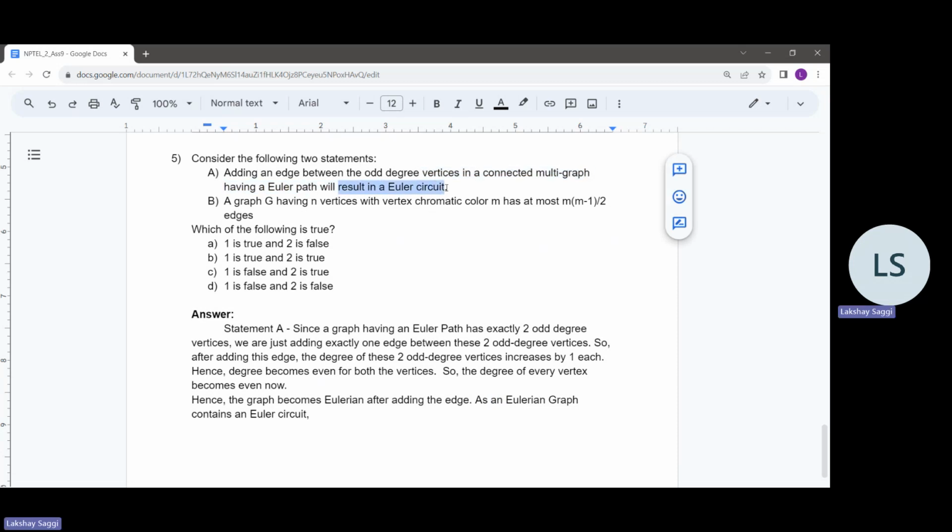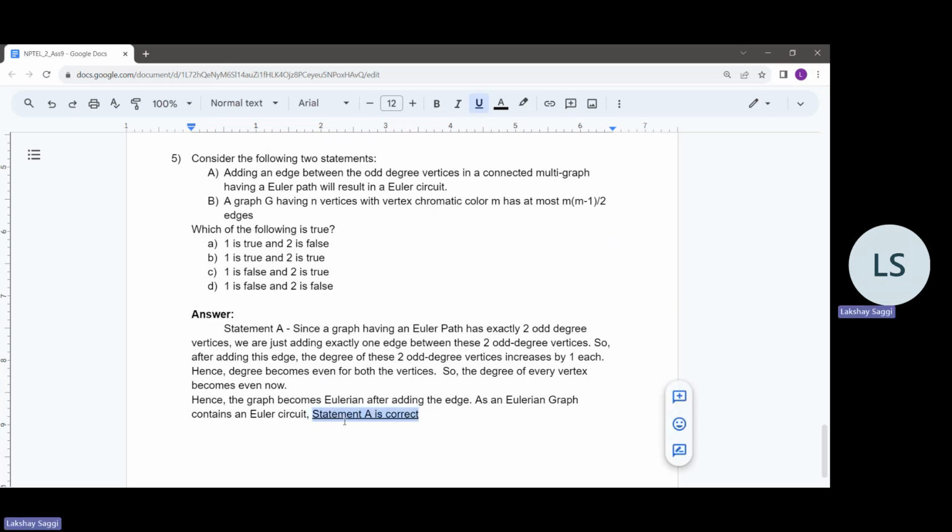Earlier, there would not be any Euler circuit, but now since we have added an edge, all the vertices become even, so the graph becomes Eulerian. And we know that a graph is Eulerian if and only if it contains an Euler circuit. So the resulting graph will definitely contain an Euler circuit. Hence, statement A is correct.